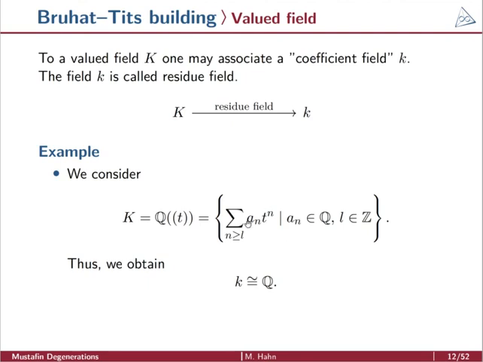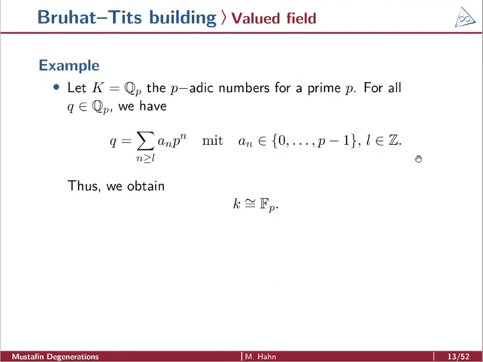And one may associate a coefficient field. As I said, by a semantic argument, the coefficient field is of course going to be the rational numbers, because we can choose the coefficients in this expansion of these elements in the rational numbers. Maybe a more interesting example is the field of the p-adic numbers for a prime p.